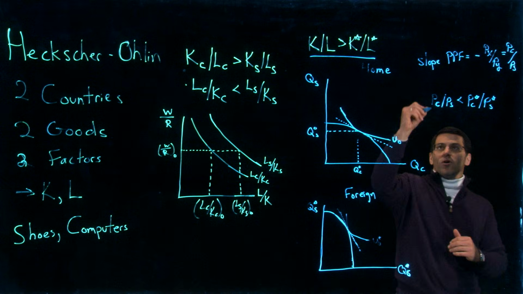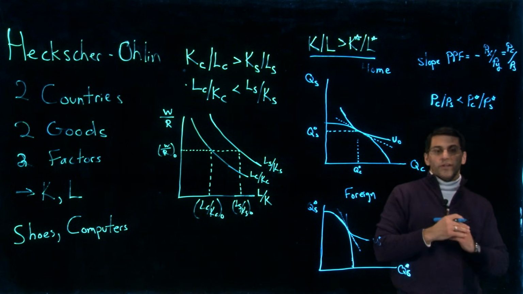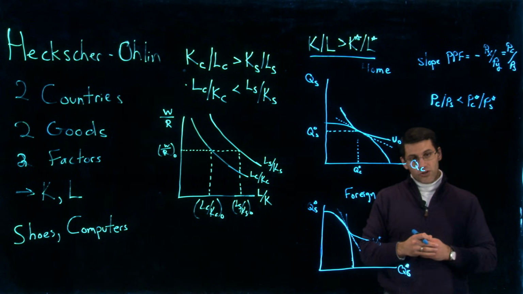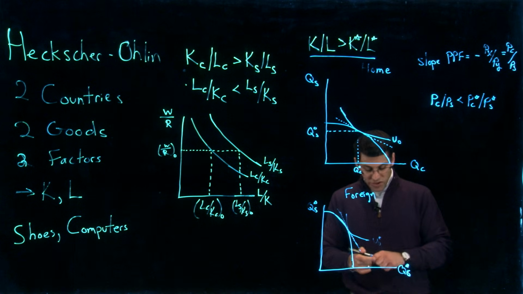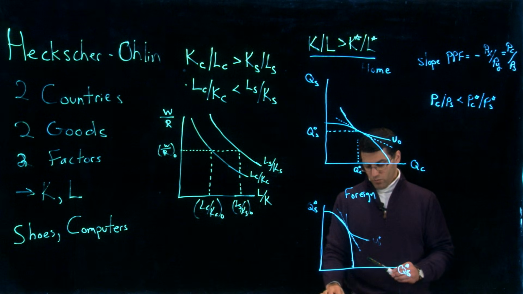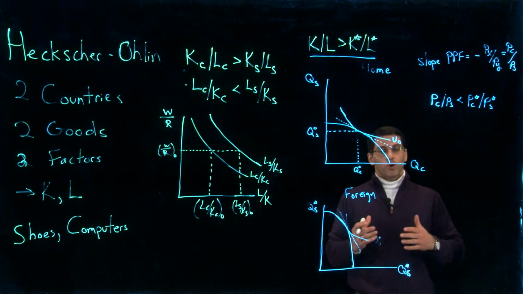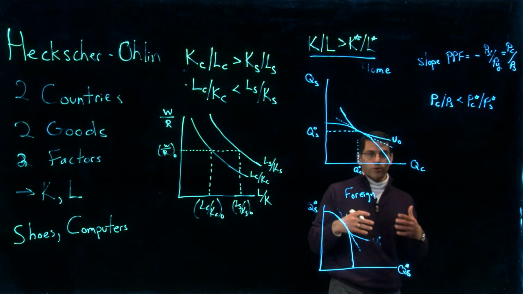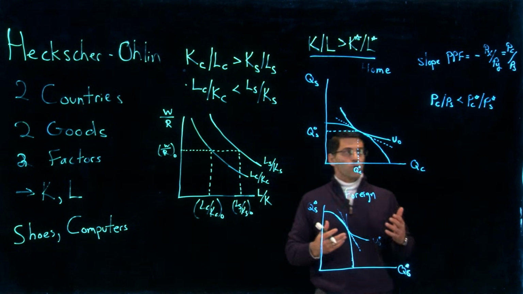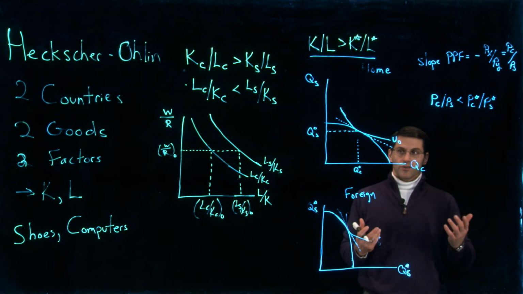So ultimately, our assumptions add up to saying that the home country has its comparative advantage in producing computers. And so just as we showed with our previous models, if you open up to trade, what's going to have to be true? In order to get both countries to be willing to engage in trade, the world price is going to have to be somewhere in between the two autarky prices.